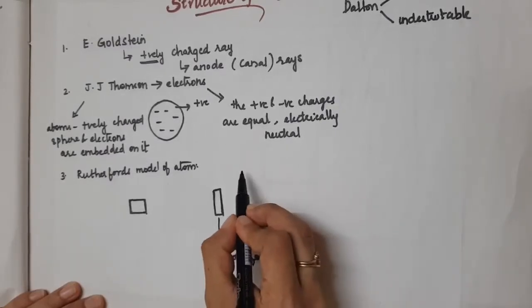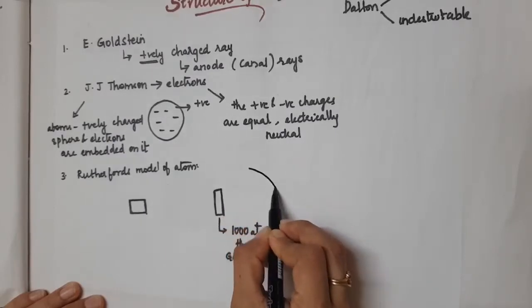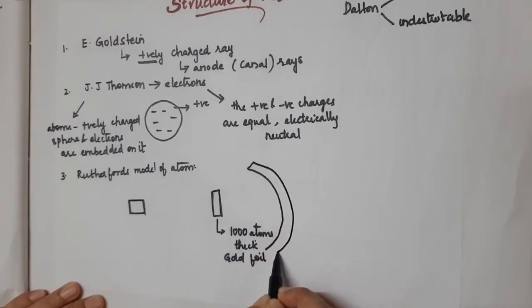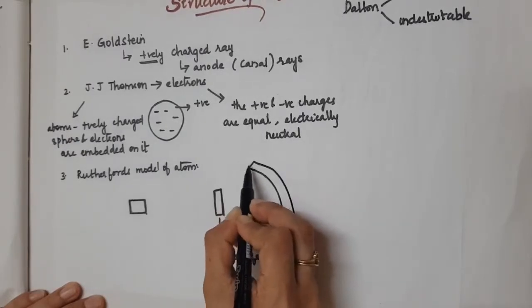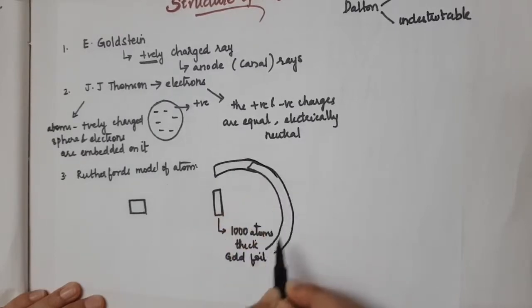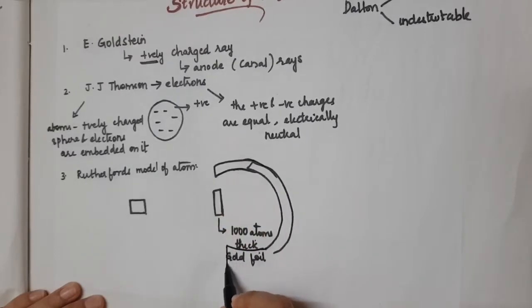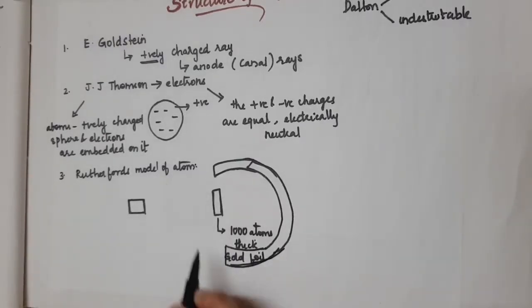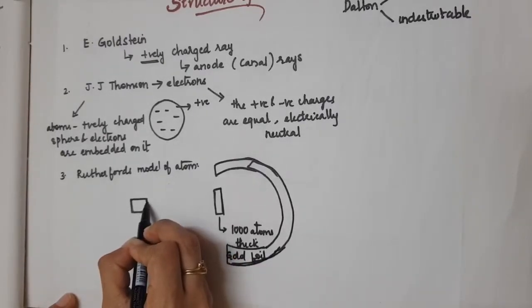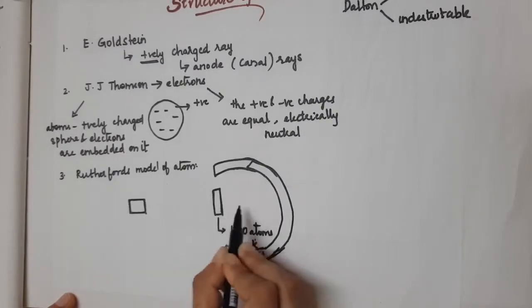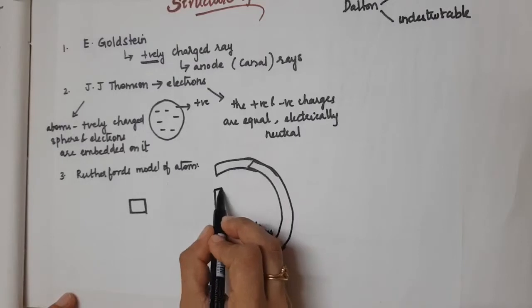And then there was this screen. So this was the setup. This is the alpha beam generator, where the alpha beams are bombarded, and this is the gold foil, and there was this detector.